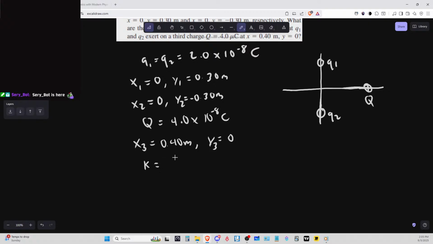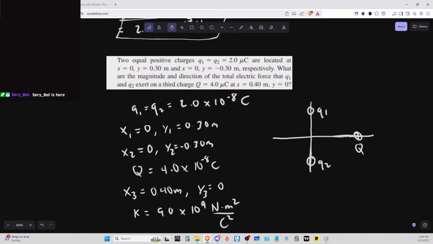K is 9.010 to the 9th newtons per meter squared, coulomb squared. I mean, hopefully I remember that right, but it feels like that is right. Okay, so we need to calculate the magnitude of the force and then the direction.